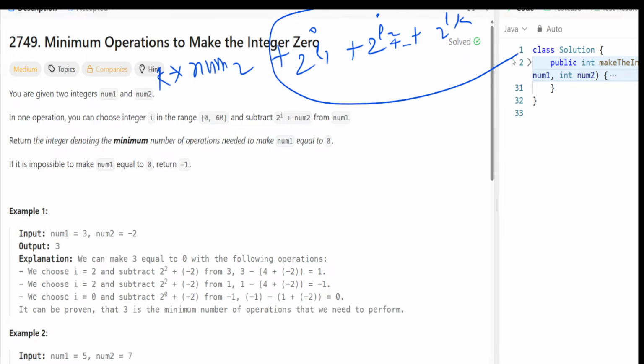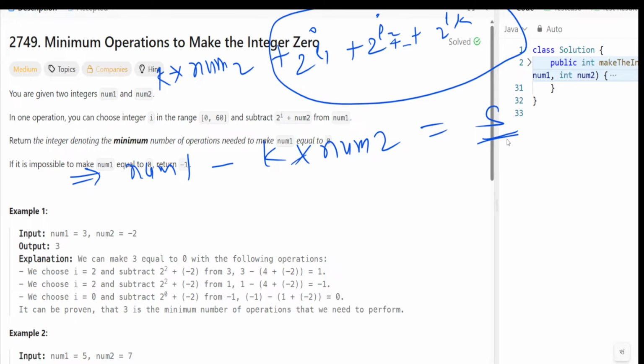So can we say about this part that there can be many possibilities? Okay, so very first, we have num1. If we do num1 minus k into num2, let's suppose we have the sum s. This s is the sum of exactly k powers, so that we have seen. Powers may repeat.